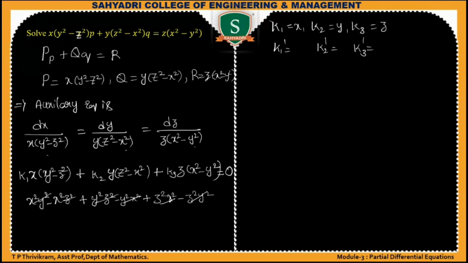Suppose I am able to cancel these letters, what happens? The factors y minus z, z minus x, x minus y are there, and automatically it will get cancelled. So what might be the multipliers? 1 by x, 1 by y, 1 by z. These are all the multipliers for us.